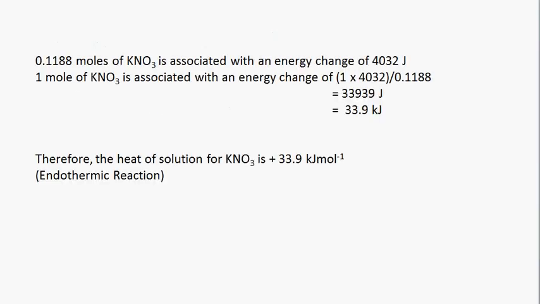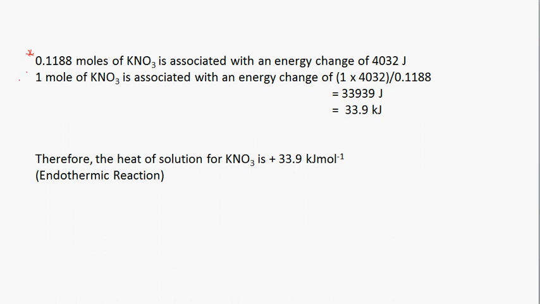Now, next thing we have here is we need to determine the energy change for 1 mole. So we worked out that energy change of 4032 represents an energy change associated with 0.118 moles of potassium nitrate, but we need to find for 1 mole. So we write up our statement. 0.1188 moles of potassium nitrate is associated with an energy change of 4032 joules.